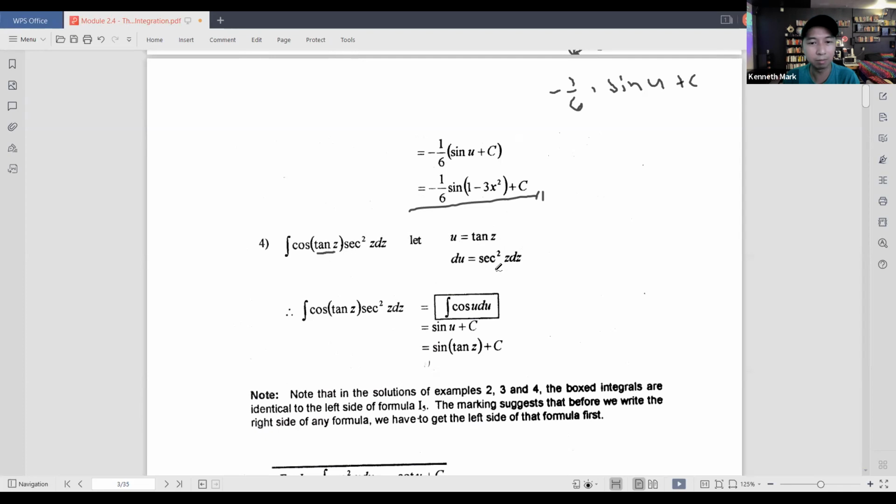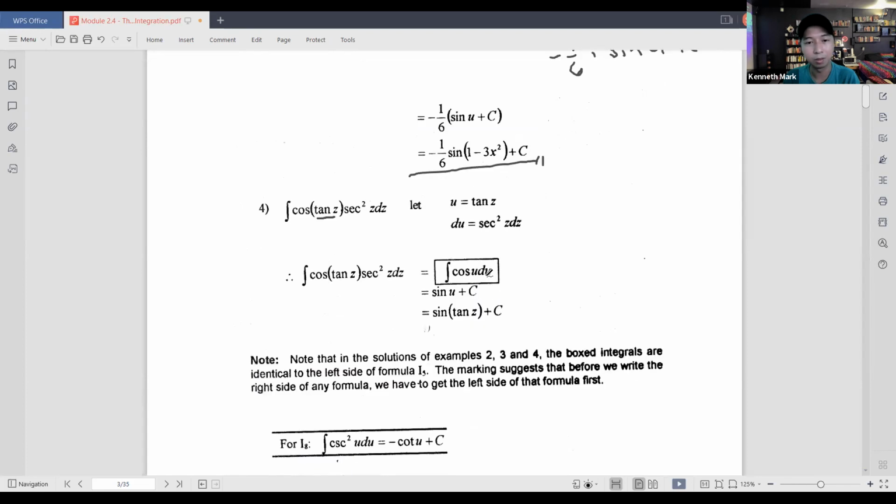So matitira na lang dito is cosine u du. Okay, magiging 1 na lang ito. So you will now have the integral of cosine u du, that is sine u plus c, which is yung u mo is tan z. Therefore, your answer would be equal to sine of tan z plus c. Okay.